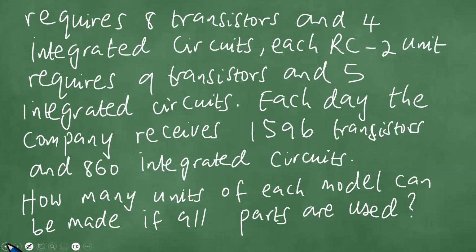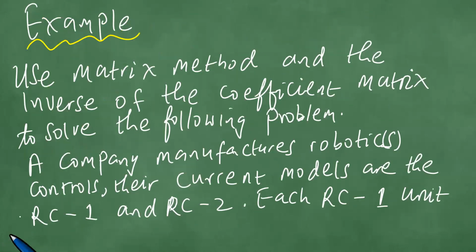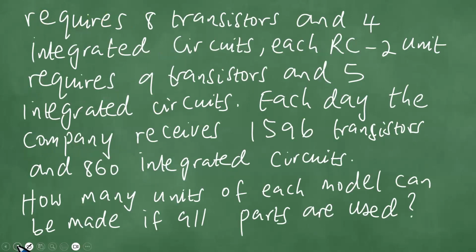So if you look very carefully, a company manufactures robotic controls. Their current models are RC1, RC2. Each RC1 unit requires 8 transistors and 4 integrated circuits. So RC1 requires 8 and 4 respectively.